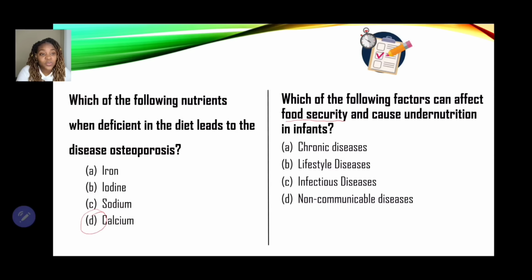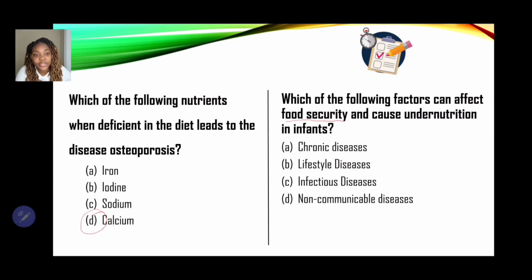So let us look at which one of these factors may affect food security. A, chronic diseases. B, lifestyle diseases. C, infectious diseases. And D, non-communicable diseases.